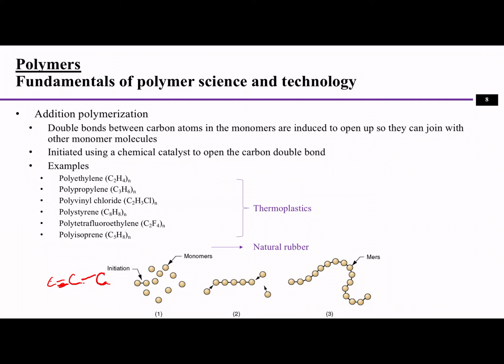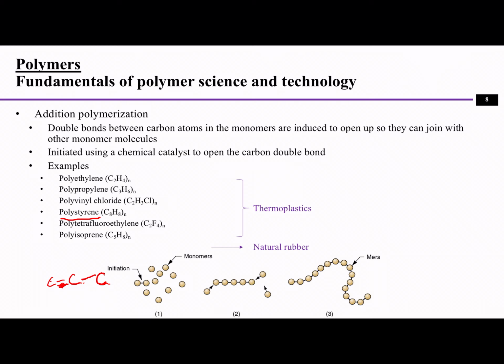You need to open up the double bonds between the carbon atoms, and many materials are made this way. For example, polyethylene, PVC, polystyrene, all of those materials.